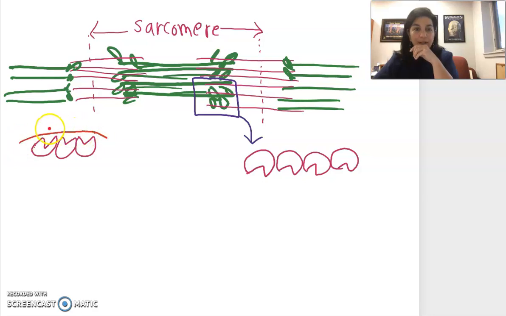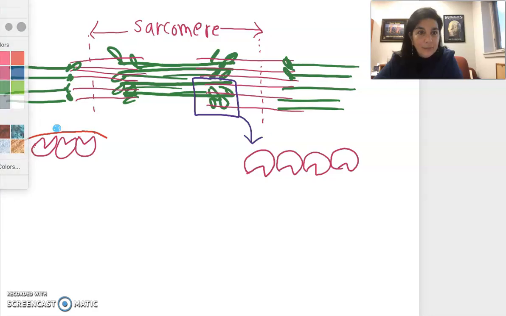This is tropomyosin, and I think I used this color for troponin, and here's troponin. So troponin and tropomyosin are the regulatory proteins, and they're covering that active binding site. So that binding site is actually hidden by troponin and tropomyosin.